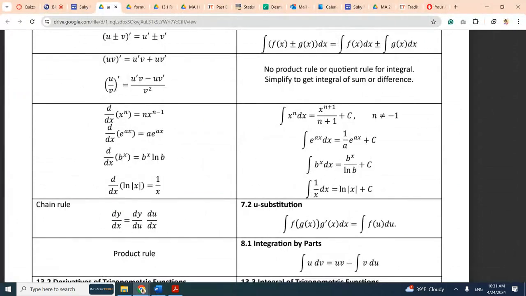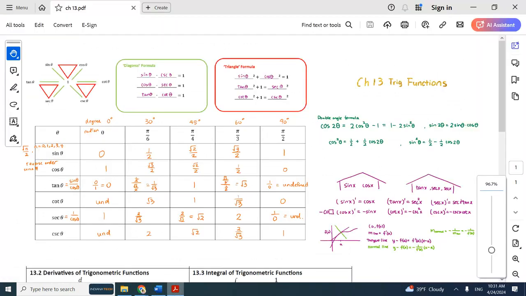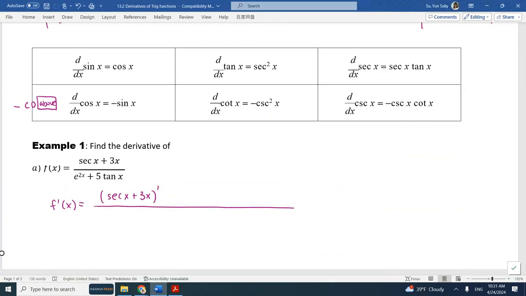Over v squared. Yes. So that's why we have u prime. So the top prime, v, which is e to the 2x plus 5 tangent x. And then what? Plus or minus? Minus u. So write down the u times v prime.